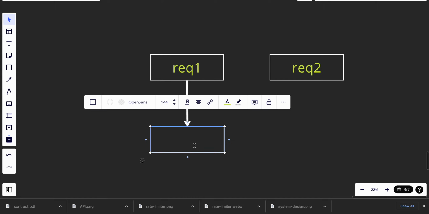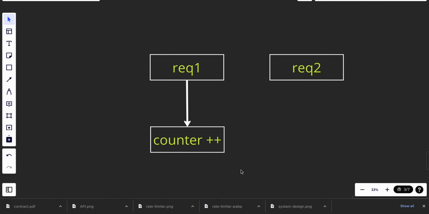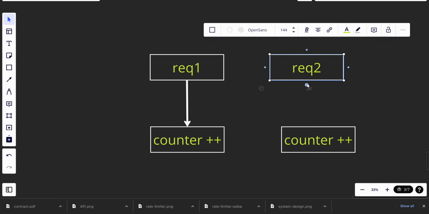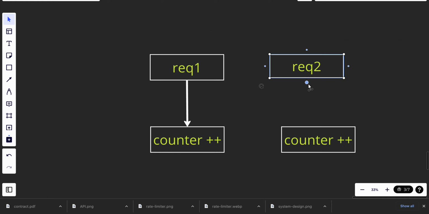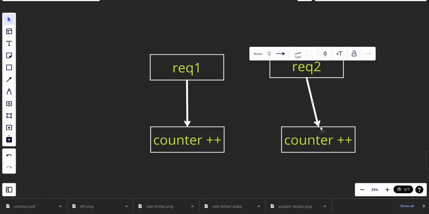Both of them are actually doing the same thing, but the problem is that both of them are doing this at the same time. The race condition can happen in a highly concurrent environment, because we are a distributed system, so we get tons of requests at the same time.